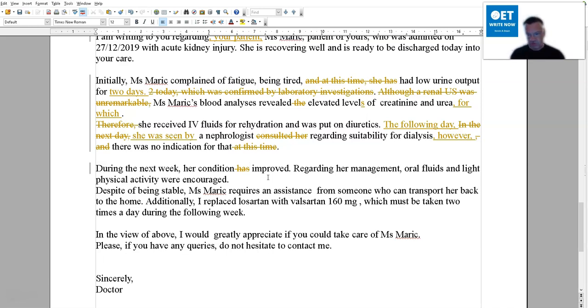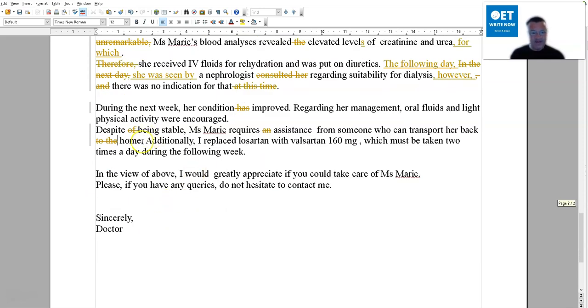So her condition improved and, despite being stable, she requires assistance from someone who can transport her back home. Now, and then you've got this sentence here that seems to come out of nowhere.